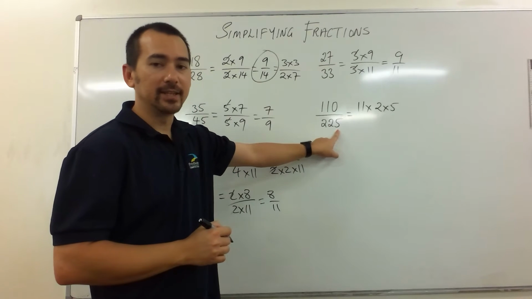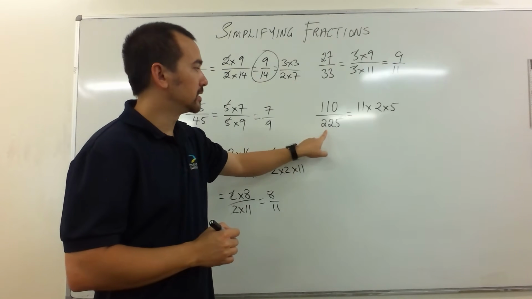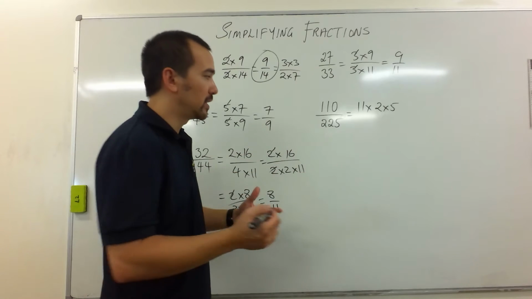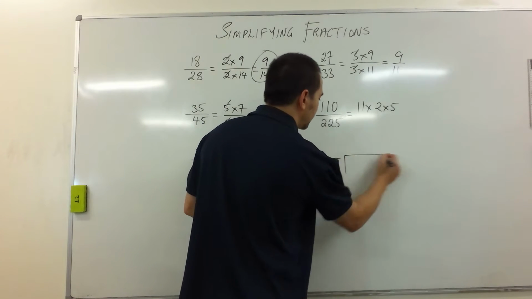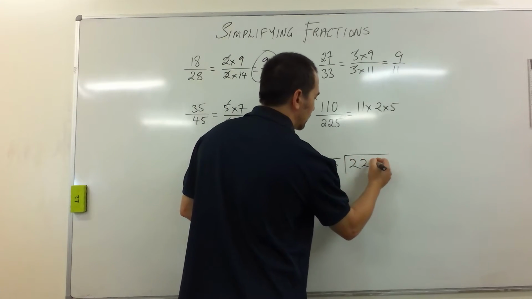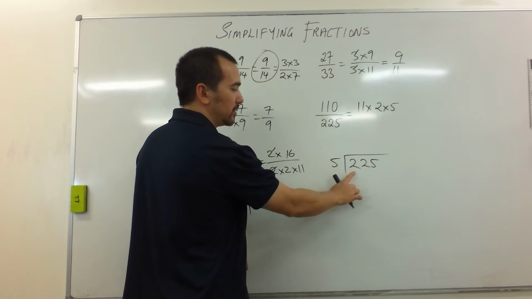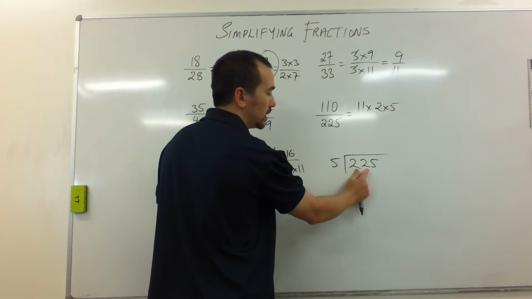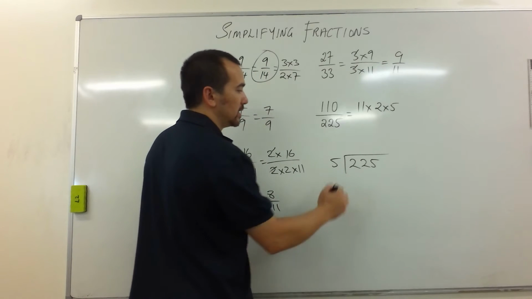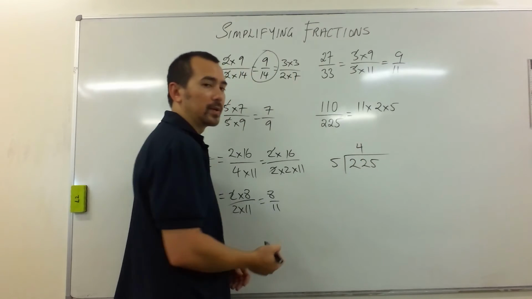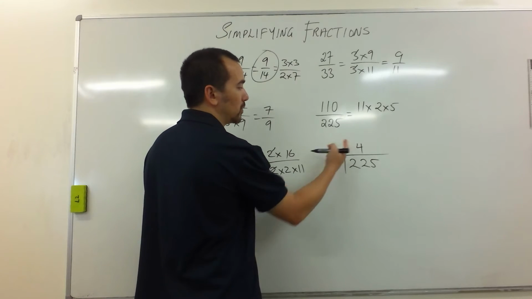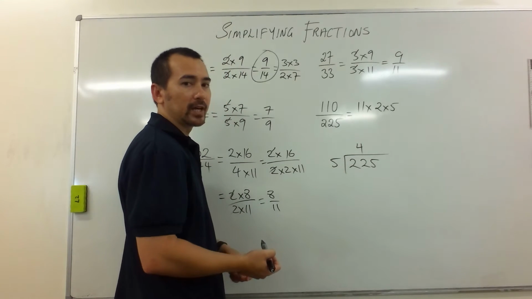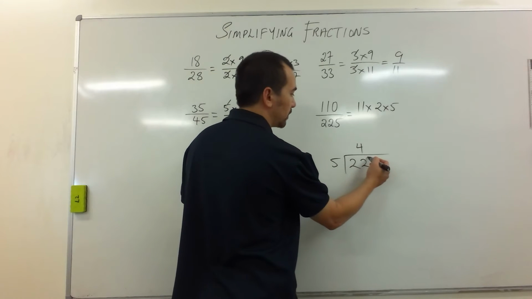Well, the 5 is a dead giveaway, so we know that we can divide 225 by 5. Let's try that. Can 2 be divided by 5? No, it cannot, so we're going to carry that as a remainder. 22 divided by 5 is possible. We get 4, because 5 times 4 is 20, which means we have a remainder 2.